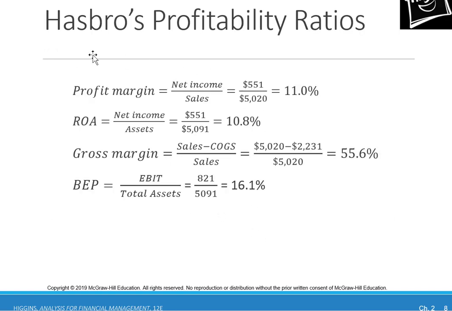So here we have Hasbro, and we're looking at these ratios. We have the profit margin ratio. We know it's around 11%. Return on assets, 10.8%. Gross margin, 55.6%. So let's think about gross margin for a second, right?